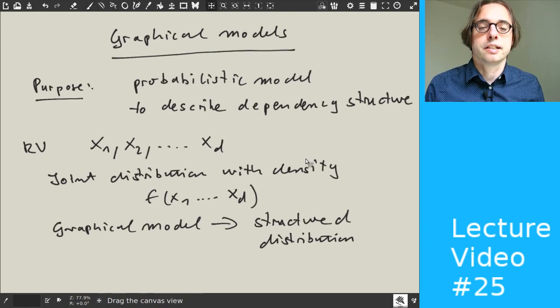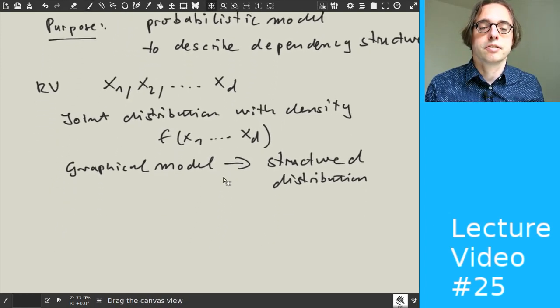So it's basically a way to describe structured joint distributions.